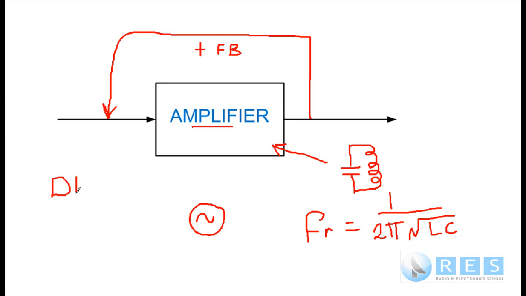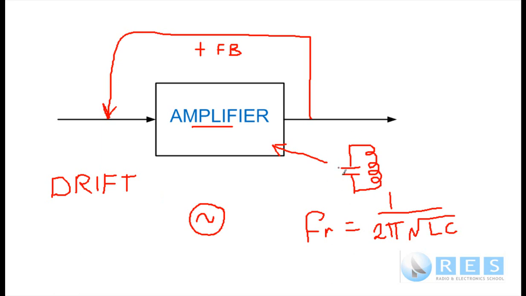Drift is a slow, unwanted change in frequency. So you might turn the oscillator on at 7 megahertz and walk away, and 20 minutes later the oscillator's moved up or down in frequency by a few hertz, a few tens of hertz. That's called drift, and we don't want oscillators to drift.